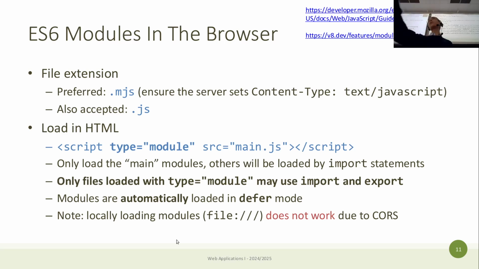Okay, that's why we didn't use them in the lab. Okay, because there's a security restriction. We are going to talk about CORS a bit later in the course, and basically you cannot load both the HTML and JavaScript as a file locally if you have the file imported as a module. Okay, it's a bit inconvenient, I know, but that's the rule of modern browsers.